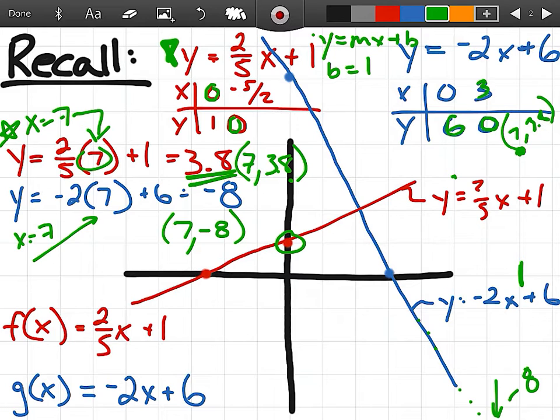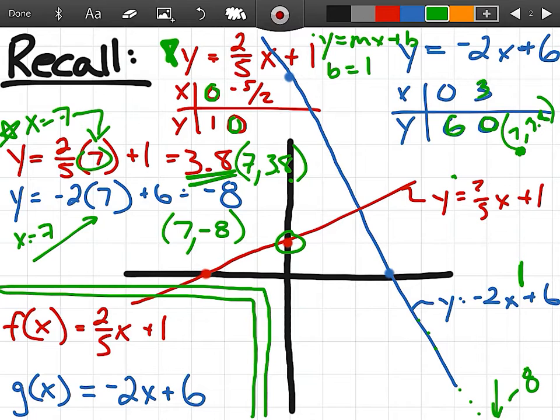My next thing I would like you to understand is down here in the corner. The new information you're going to be receiving is that I'm no longer going to call it y. I'm going to call it f of x, which means function of x.